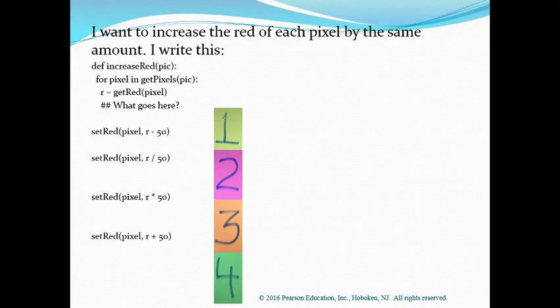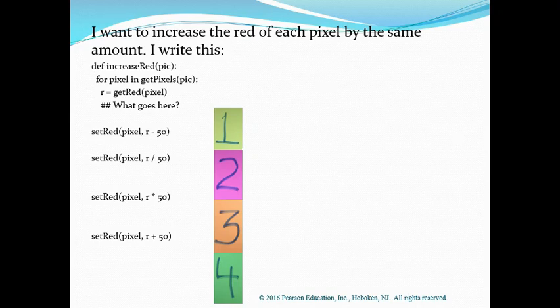So I want to increase the red of each pixel by the same amount. I write this. For pixel in get pixels, pick r equals get red, and then I give it the pixel. And then what do I actually do? I want to increase the red of all pixels by the same amount. Do I subtract 50? Do I divide by 50?